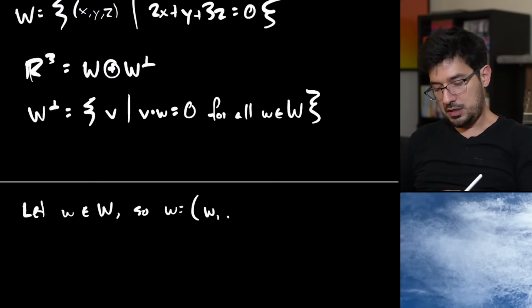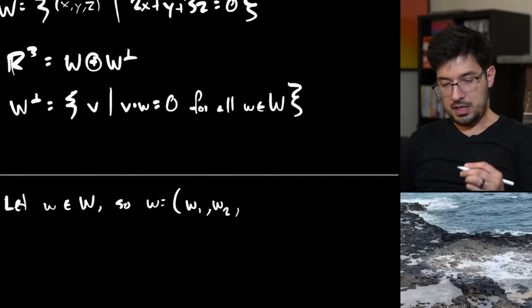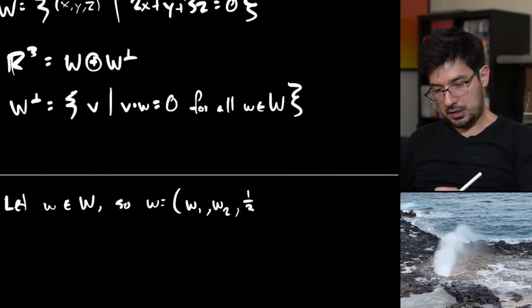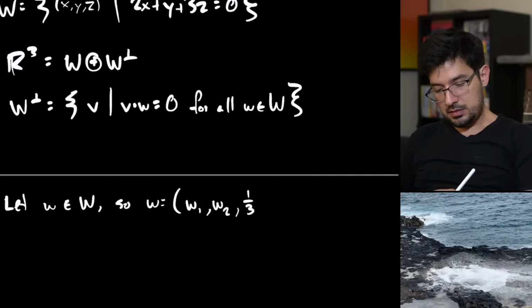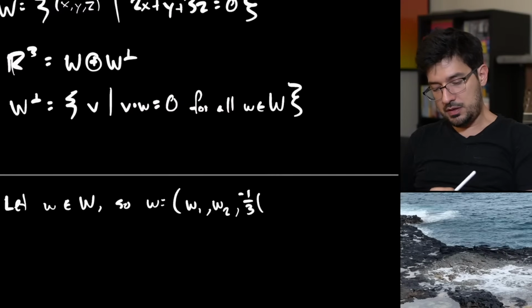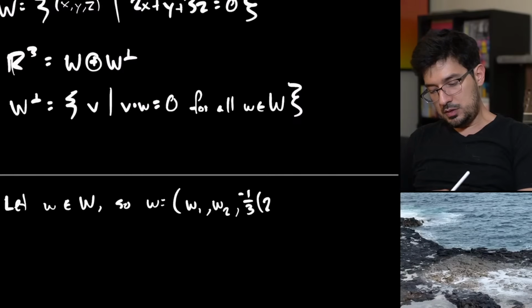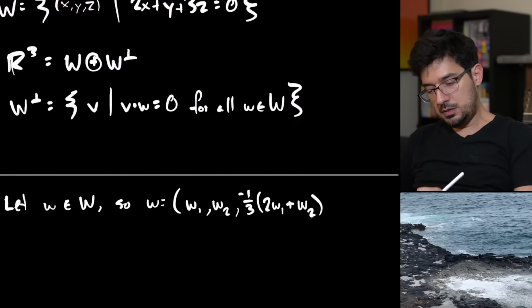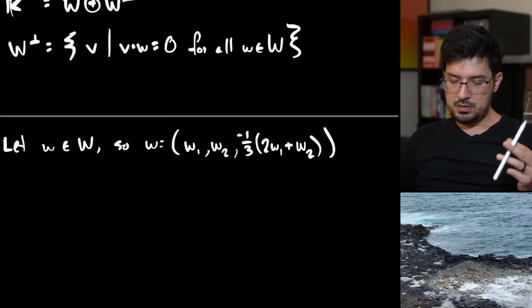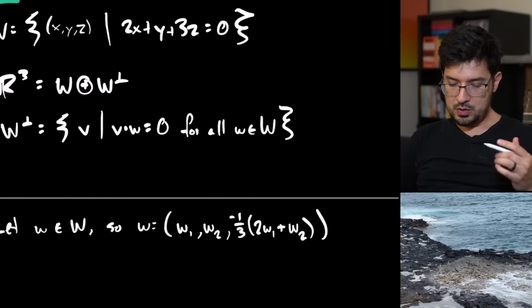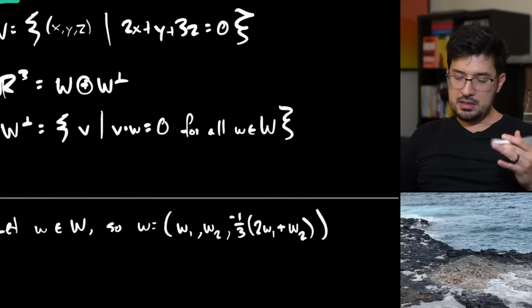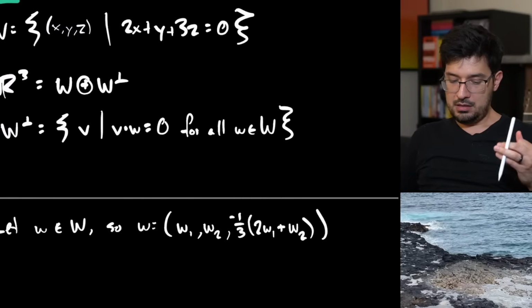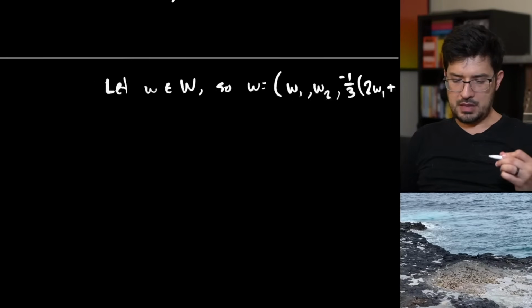Or we could say W1, W2, and then z, the third component, is negative 1/3 times 2W1 plus W2. Z is negative 2/3 X minus 1/3 Y. Yeah.